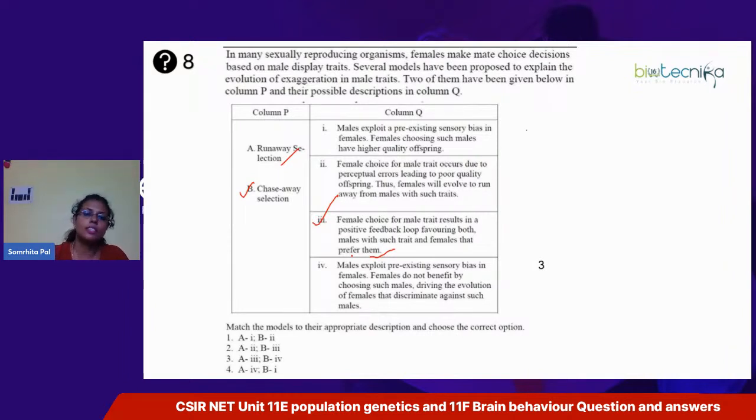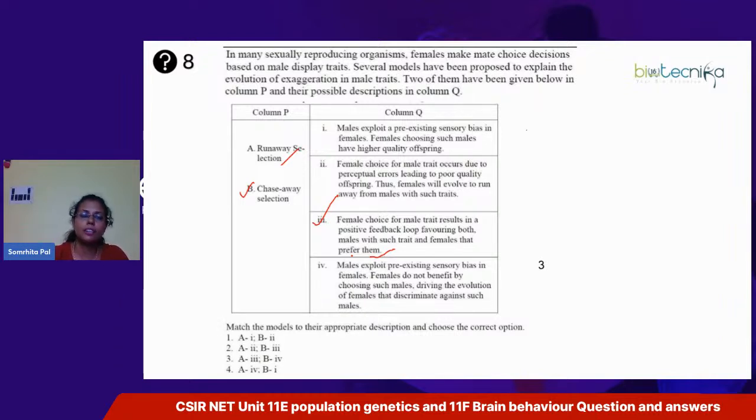So that causes the males to now evolve a more extreme display of the trait in order to again get the attention of the female. Again the females will initially give the attention, but again they will start avoiding it.